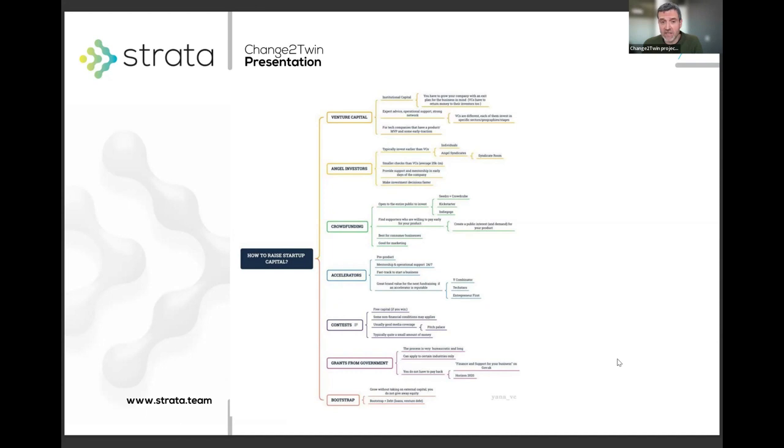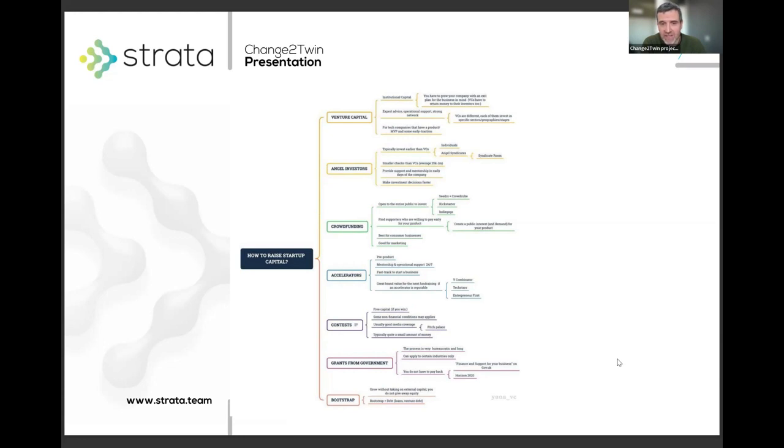In some cases, accelerators are even financing teams or founders, which could also be interesting for investigators, researchers that are starting to develop a product. And then we have contests, of course, grants, and you can also bootstrap your project, which is actually good in the first steps.